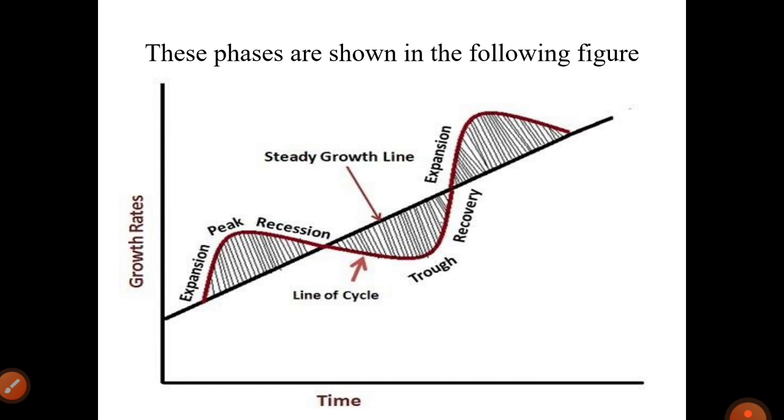In the next video I will discuss the various theories of the business cycle. According to the various theories, what are the main causes of this fluctuation? Various theories are there, like the cobweb theory, the psychological theory of the business cycle, Samuelson's theory, and Hicks' theory of the business cycle.